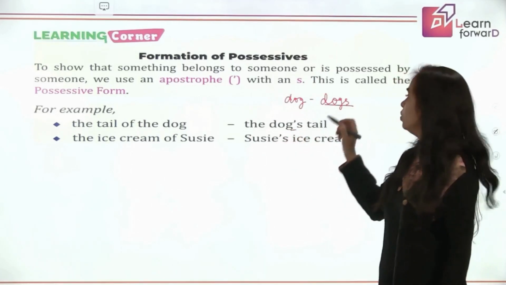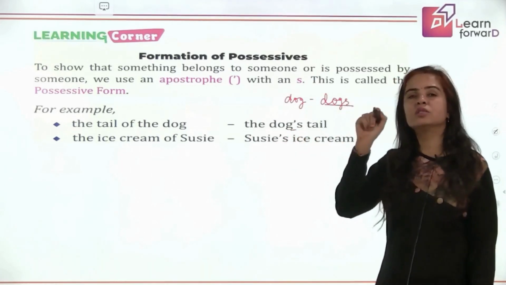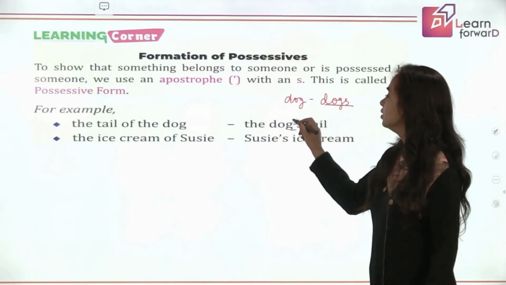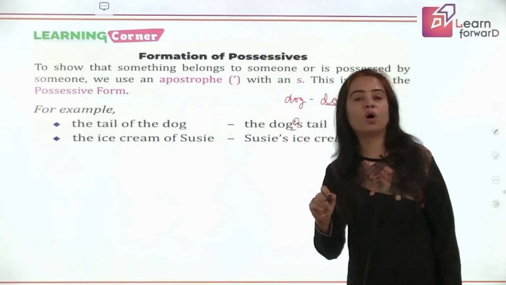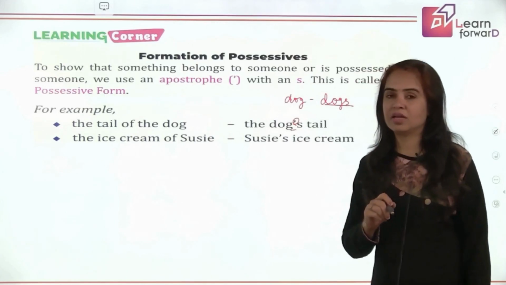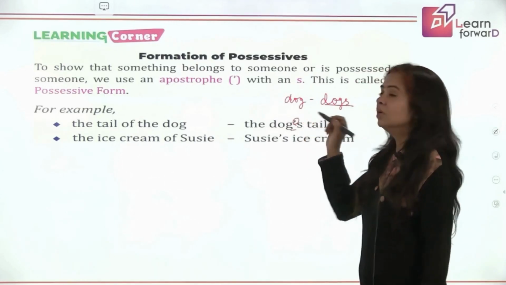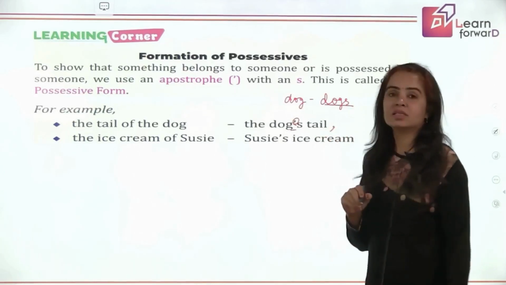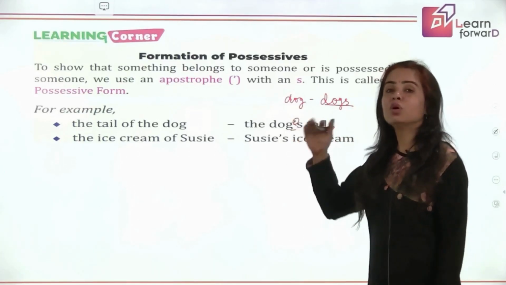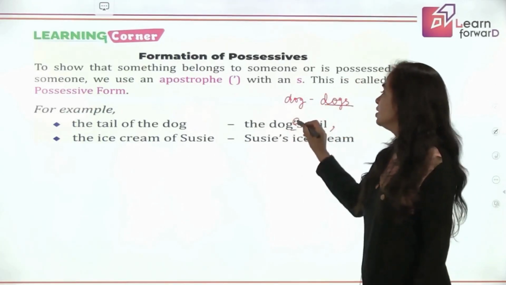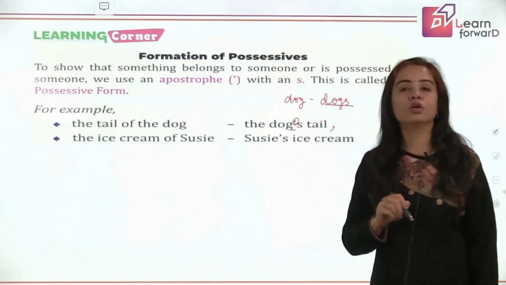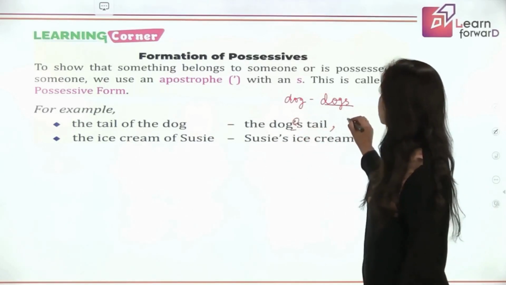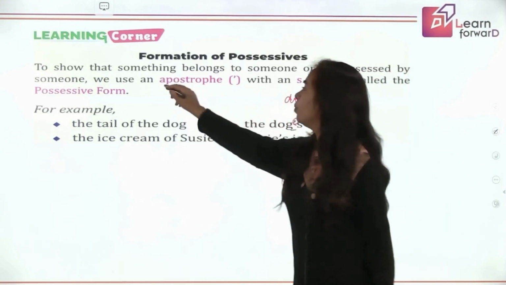What is the difference? Can you see? Yes, very good. Here I have put a small comma between the dog and the S we are writing. This comma is slightly raised. I am not putting a comma like this in flow. It is at a raised part. This is called an apostrophe.